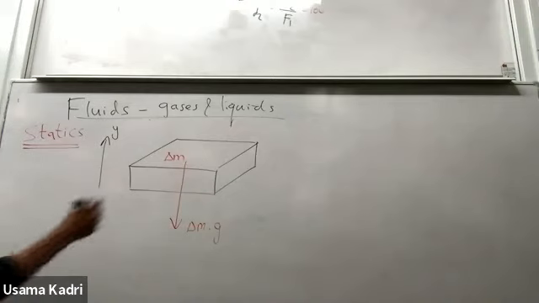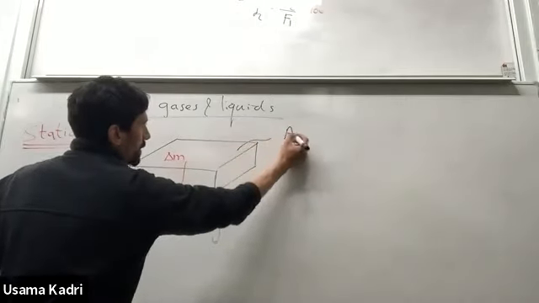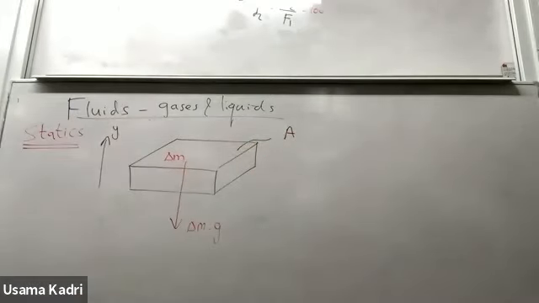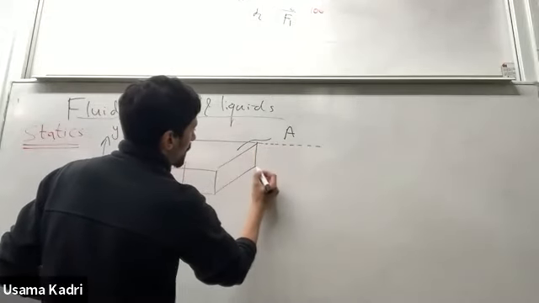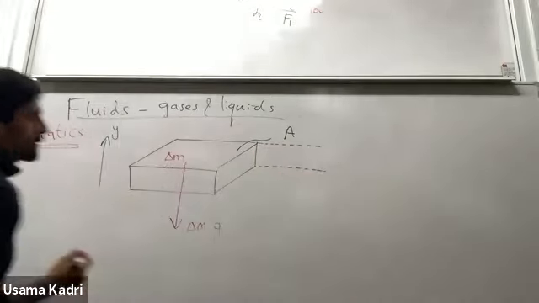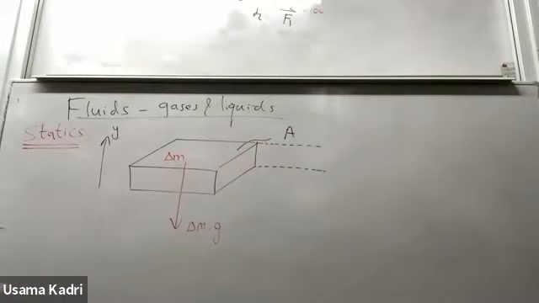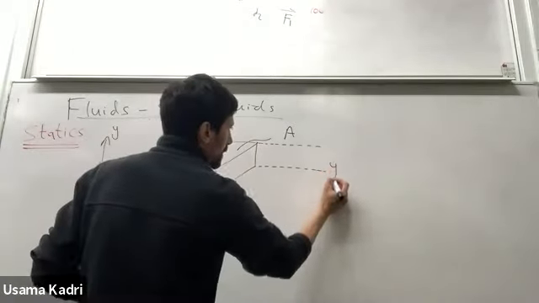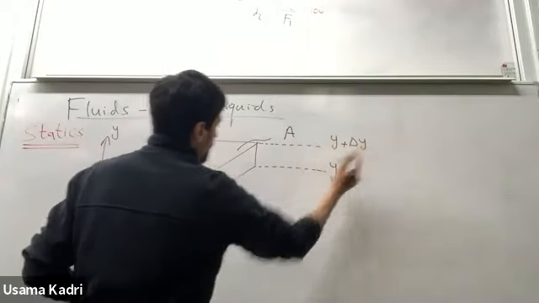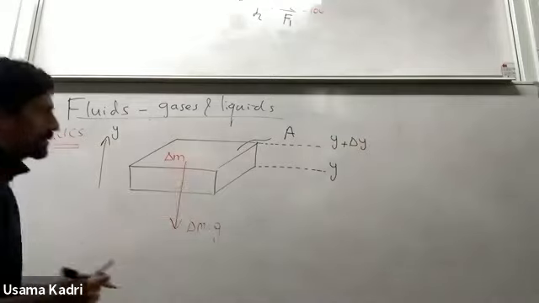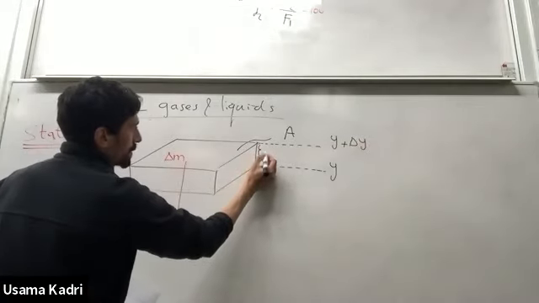Now assume the surface area here is A. We have two different heights now in terms of y. We can take the lower one as simply y and the upper one as y plus some delta y. This is a small difference, delta y.